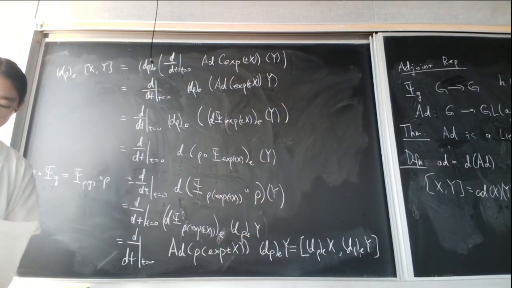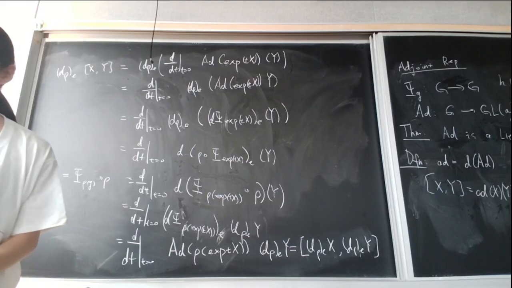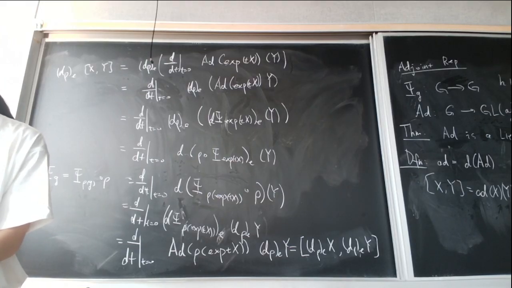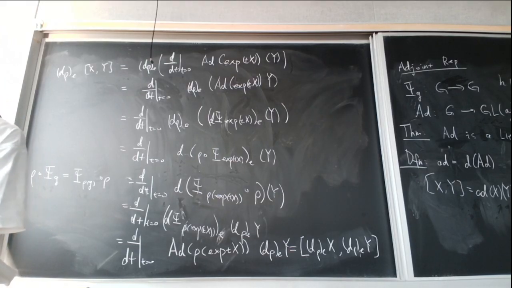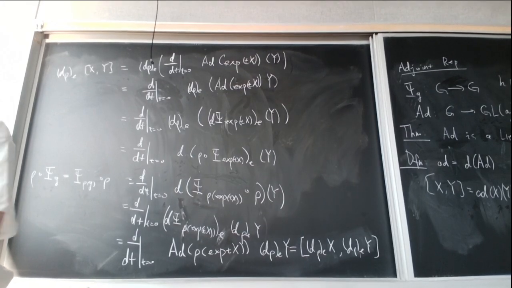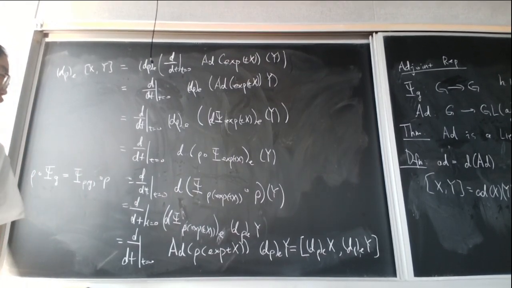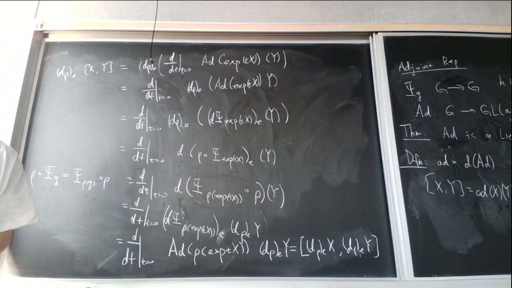So remember that from the very beginning, this is something that I think we didn't even necessarily need to prove, but it's good that we did it again, because remember we defined the Lie bracket to be precisely this adjoint representation. We defined the Lie bracket to be this from the beginning.